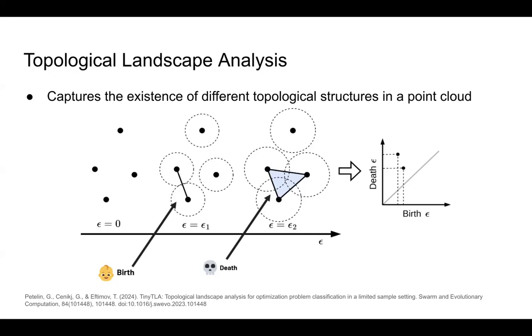And when you do that, you're essentially capturing structures that appear within the point cloud. And we are especially interested in structures that live for a long time. That means that their birth has a low value, but death has a high value. So we're looking for structures that are centered here.